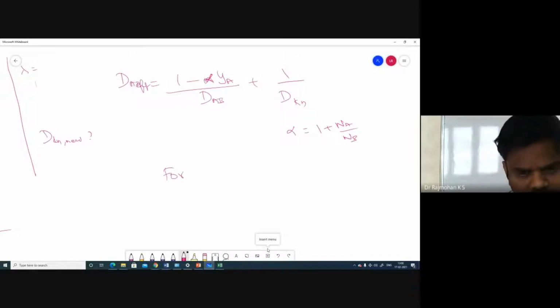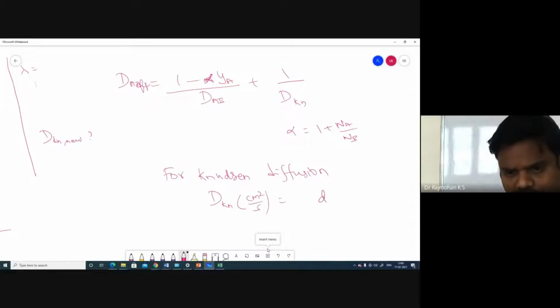For Knudsen diffusion, D Knudsen in centimeter square per second, written in terms of radius, is 9700 R into square root of T by M, where R is in centimeters.